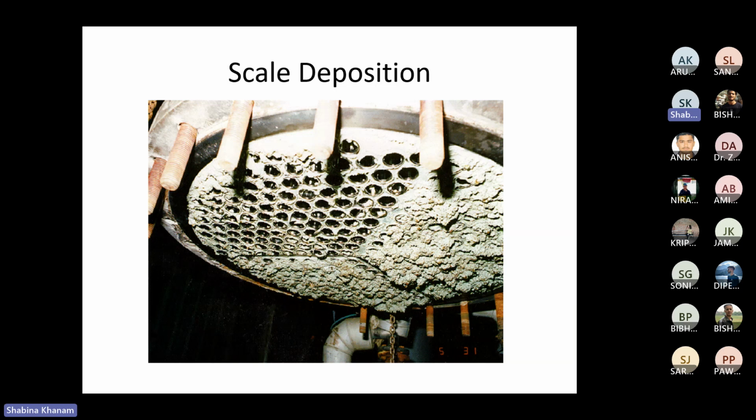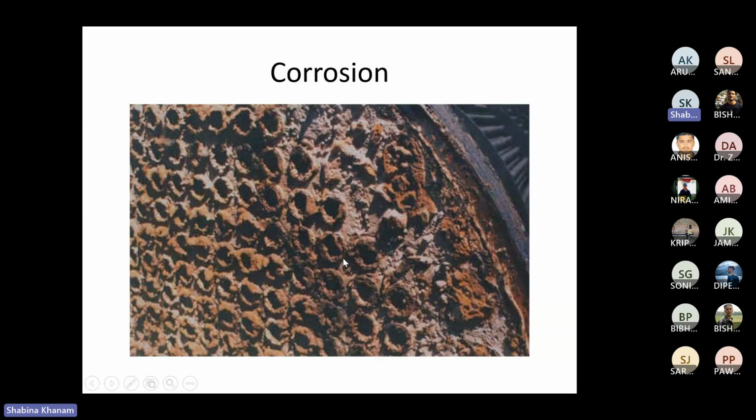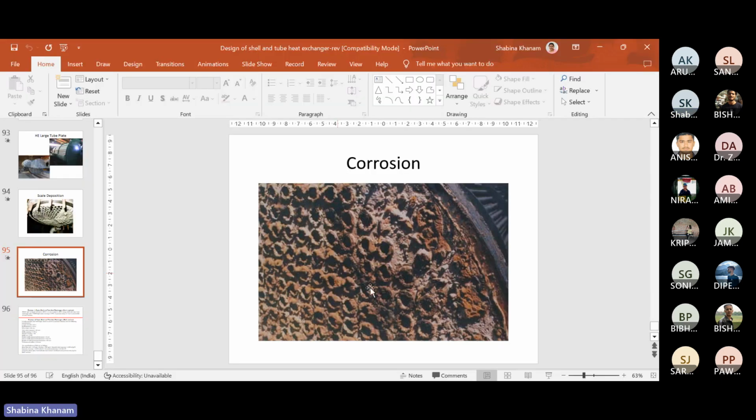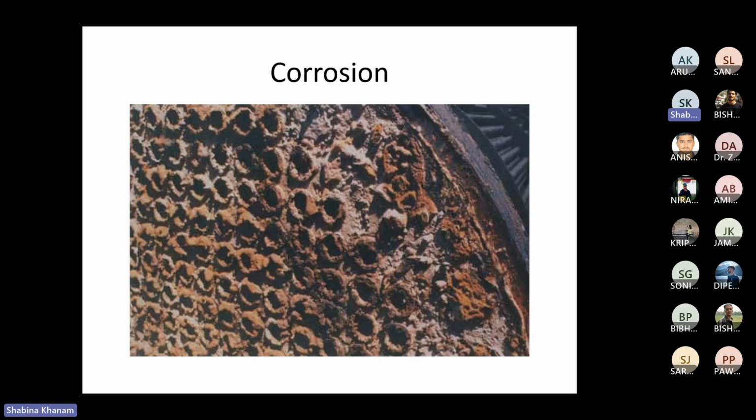So this is the scale deposition, and in this way we can have corrosion, in which material loss is there because of the reactions. But in scale formation material is deposited. So in this way you can consider corrosion.